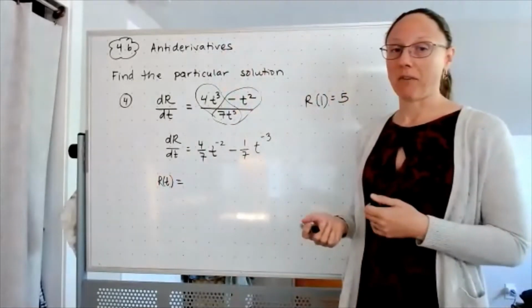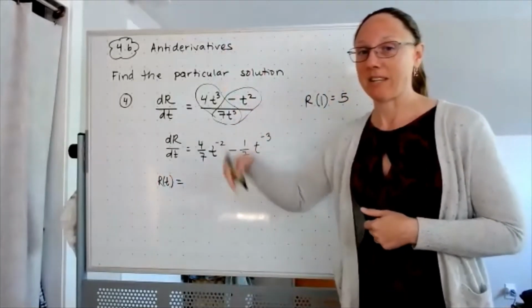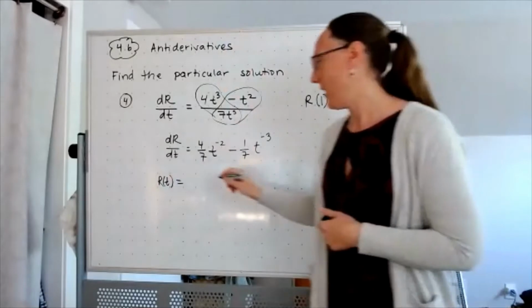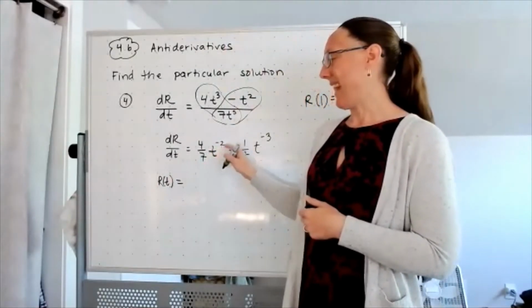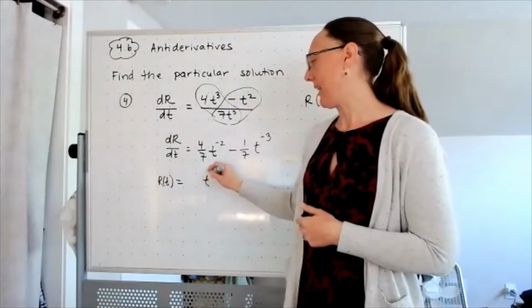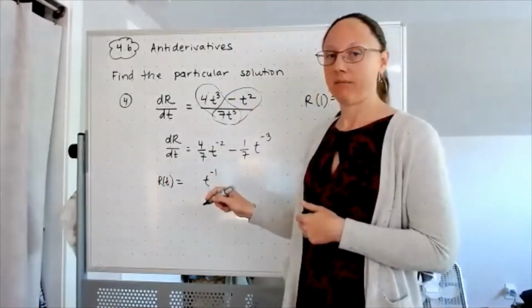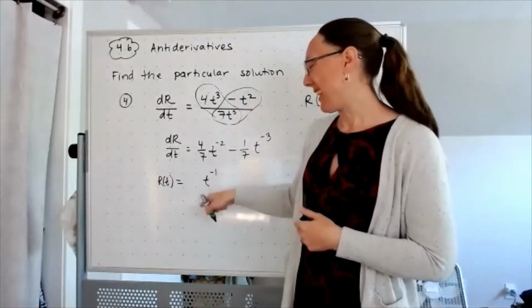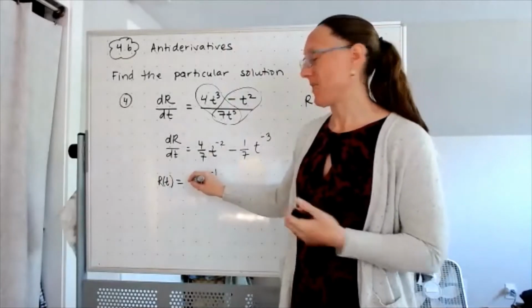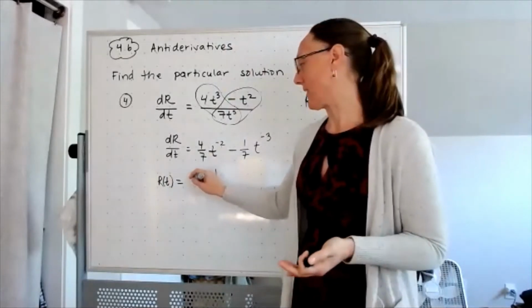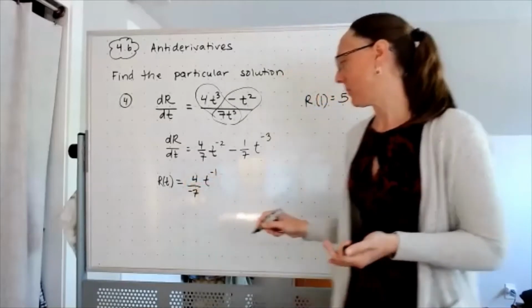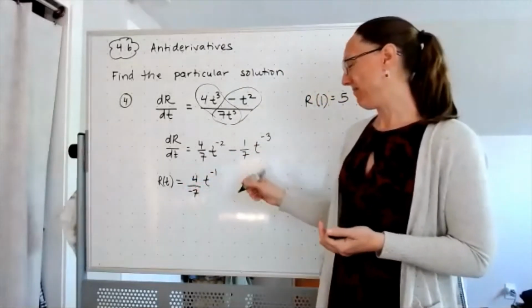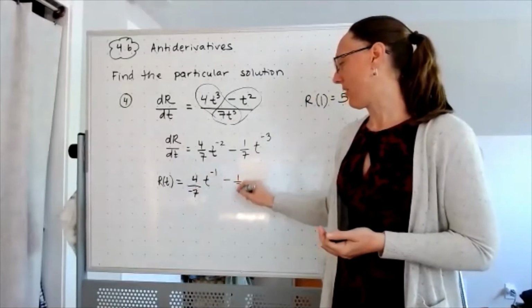For my antiderivative, we're going to add 1 to the exponent and divide by the new exponent. When I add 1 to negative 2, I get negative 1. And dividing by negative 1 is really the same thing as just writing this as 4 over negative 7. On this one, I've got that negative 1/7.